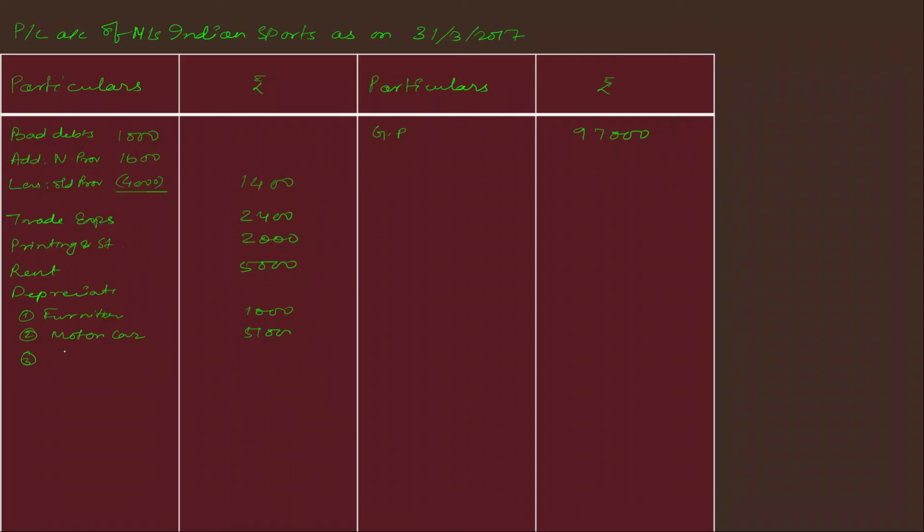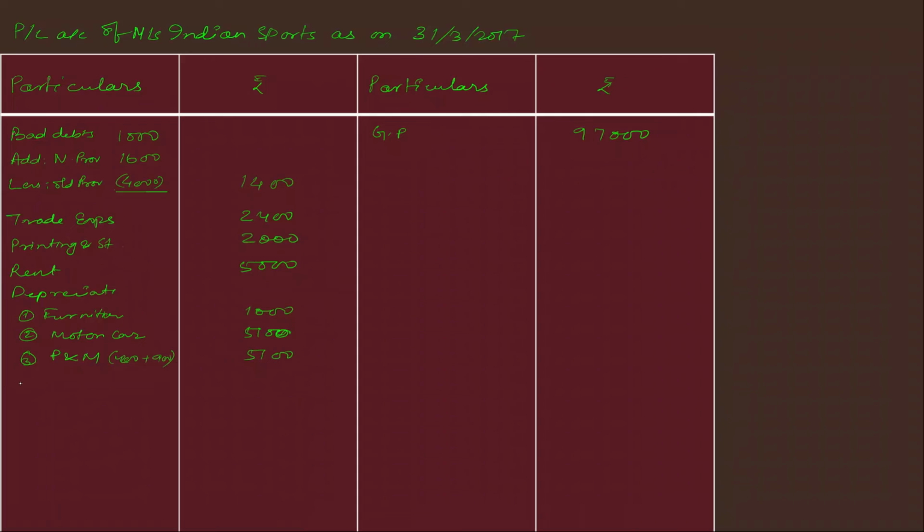Then third is your plant and machinery. I'm writing P&M. This is your 5,100. Okay, that is your 4,200 plus 900. That also you get as 5,100. So this is 4,200 plus 900.